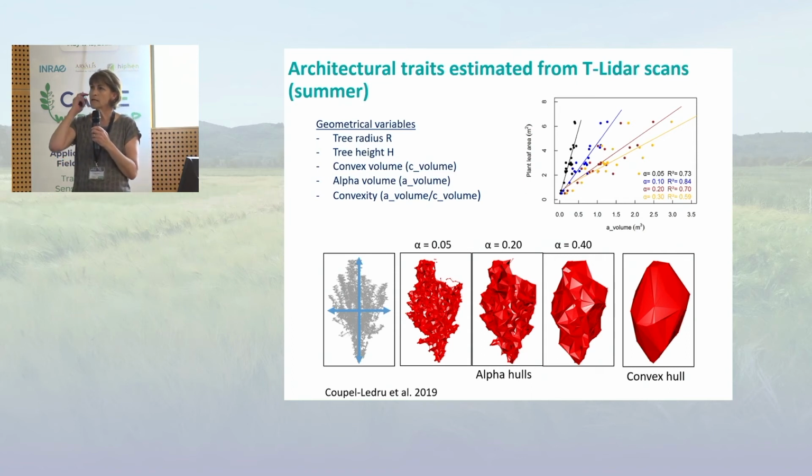So here again, we used a subset of measurements in which we calculate the total leaf area of the trees. And we saw that for a diameter of 10 centimeter, we got the best correlation between the observation and the estimation.